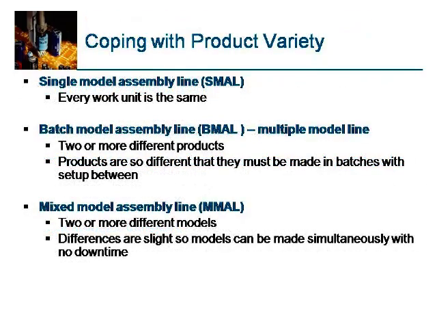Coping with product variety: single model assembly line, where every work unit is the same. Batch model assembly line, BMAL, or multi-model line, where two or more different products can be assembled, or products are so different that they must be made in batches with setup between.